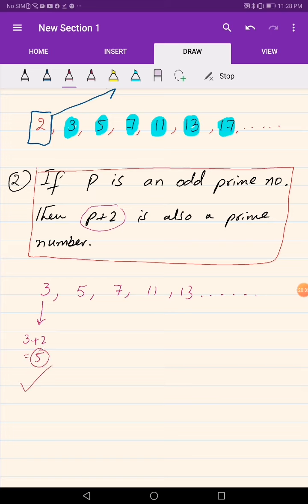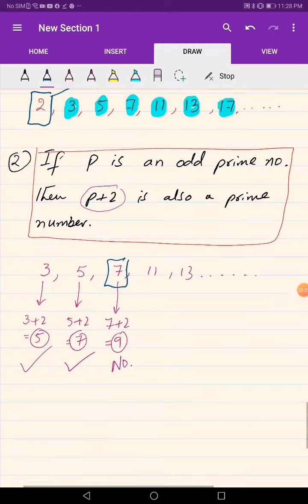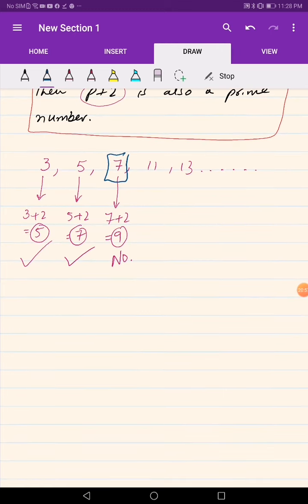Yes, it's a prime number. Good. Let's go to the next. 5 plus 2 is 7. Wow, it's a prime number. 7 plus 2 is 9. No, it's not a prime number. So it means this is my counter example. I hope you understand the counter example case with the help of these two examples.